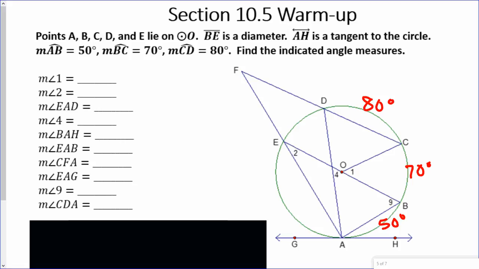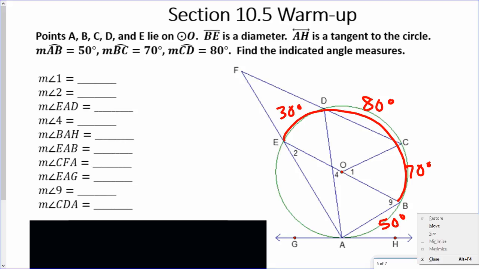Now, like I did before, I'm going to find the other missing arcs first. We're missing AE and ED. Well, since BE is a diameter, then I know that this whole thing here has to be 180. So then what does the measure of arc DE have to be? 30 degrees. Okay.